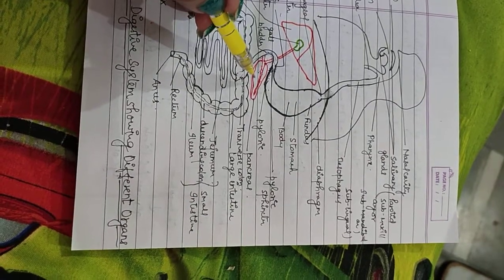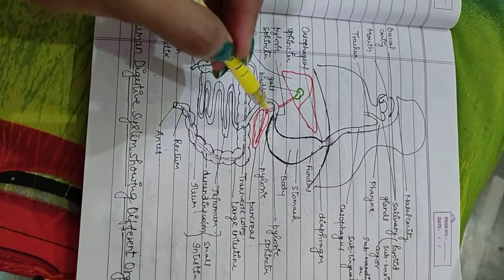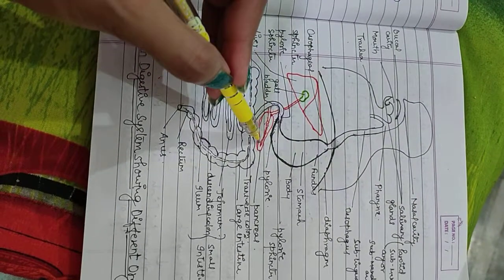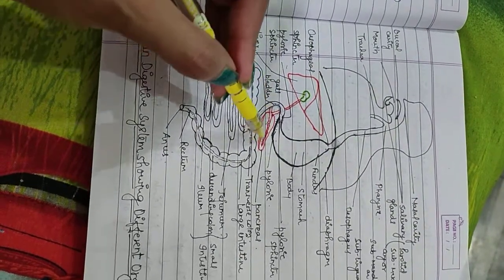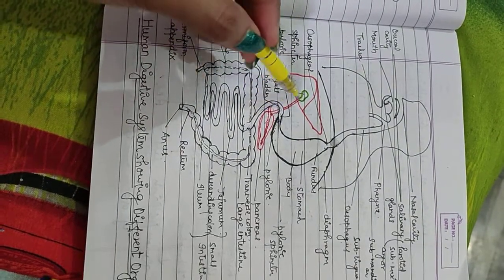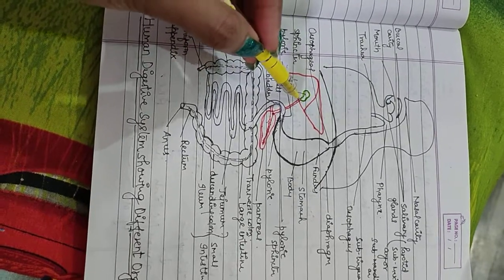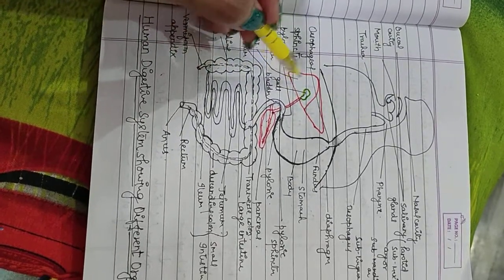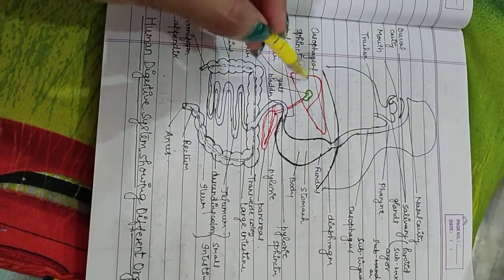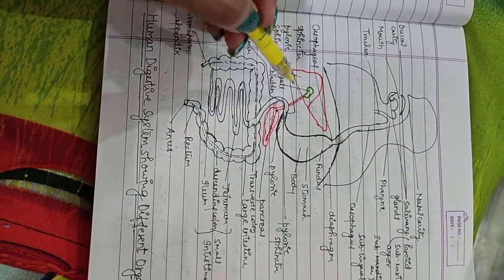This is also known as a mixed organ. Why? I will let you know. Then there is a duct. See here, this is the pancreatic duct, this is the bile duct, and this is the gallbladder. This is the largest gland of the body, which is known as the liver.